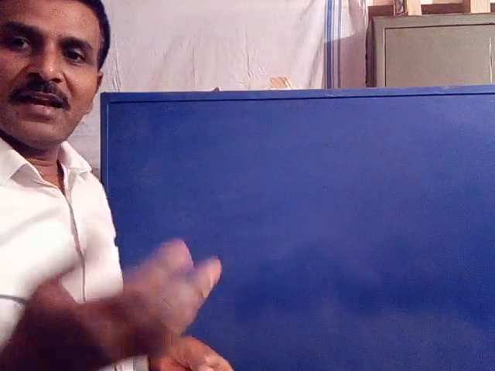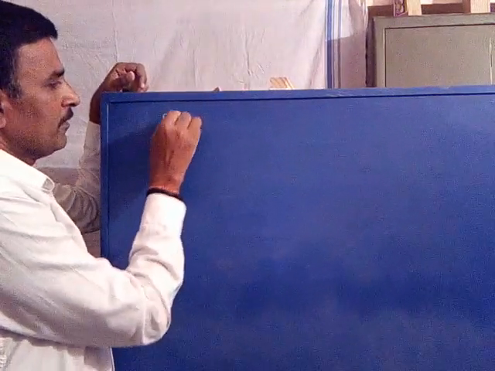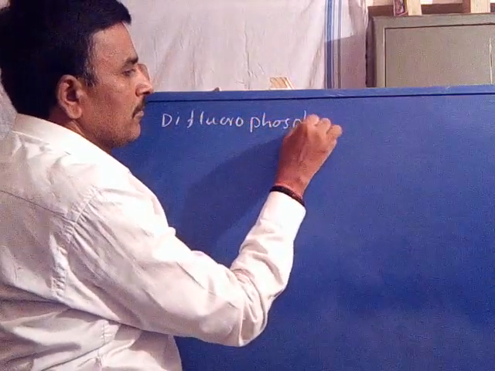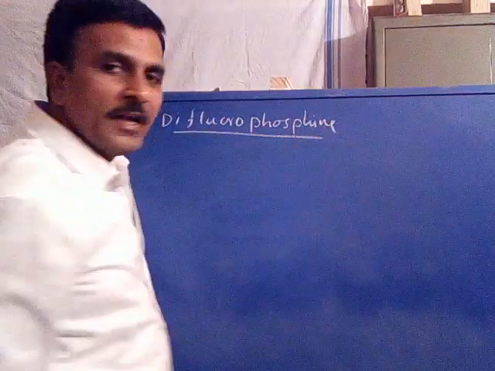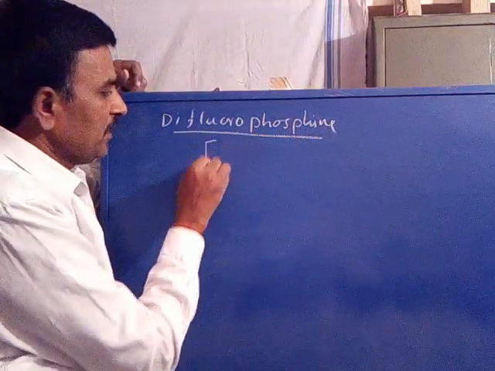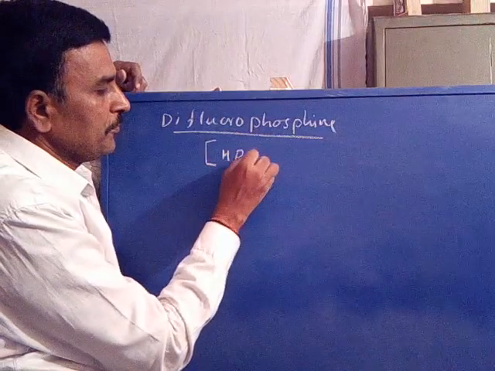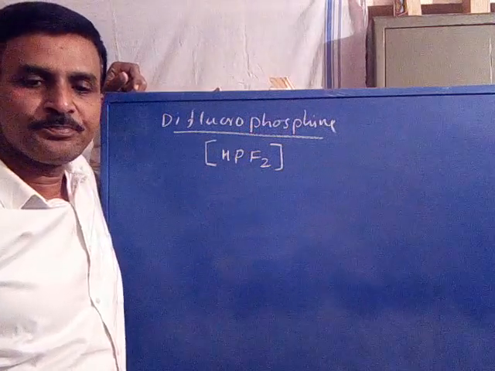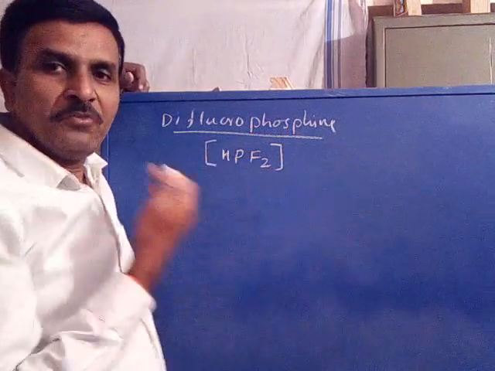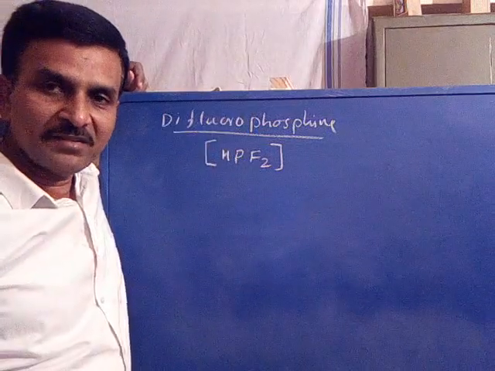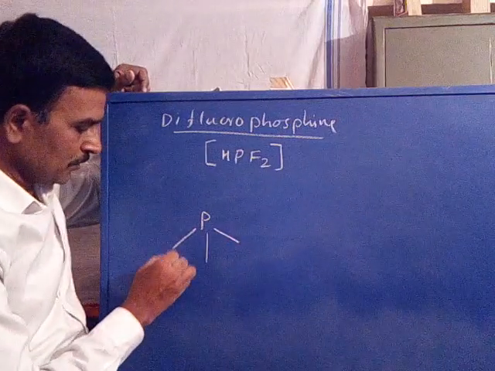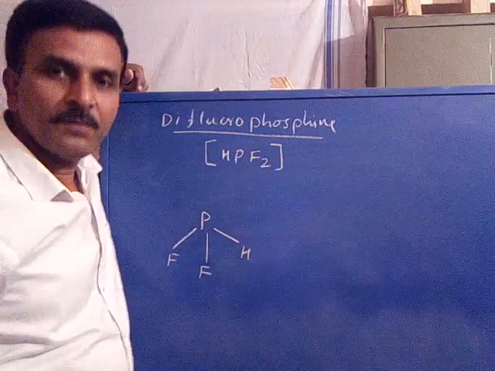Now coming to the other example, difluorophosphine. Its formula is HPF2. Similar to phosphine, it has a distorted pyramidal structure, with 2 fluorines and 1 hydrogen.